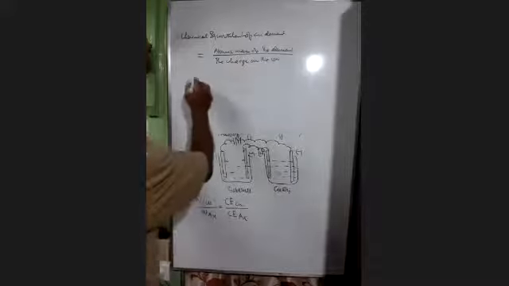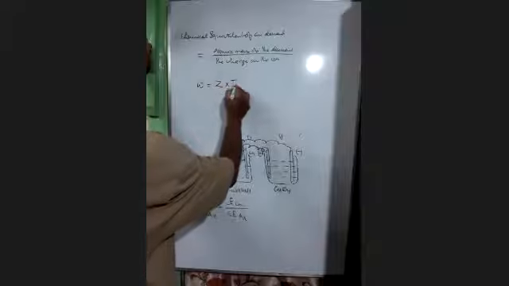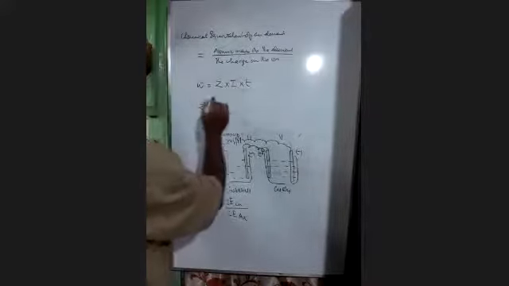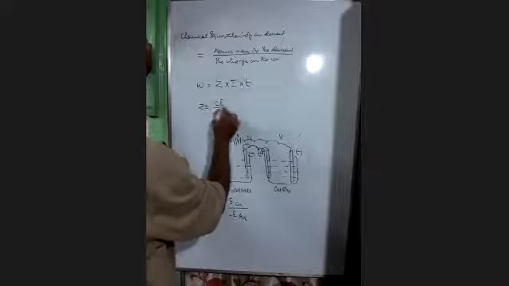What is the first step? W = Z into I into T. You know the weight of copper, or you can take any one, copper or gold. Then calculate Z. I told you what Z is. Z is equal to the chemical equivalent divided by 96,500.